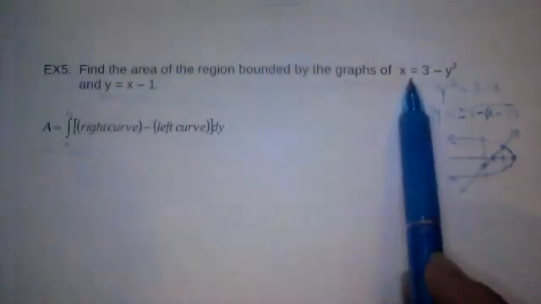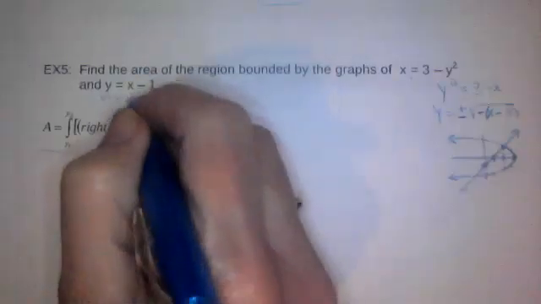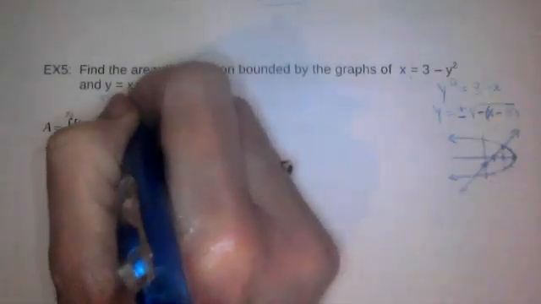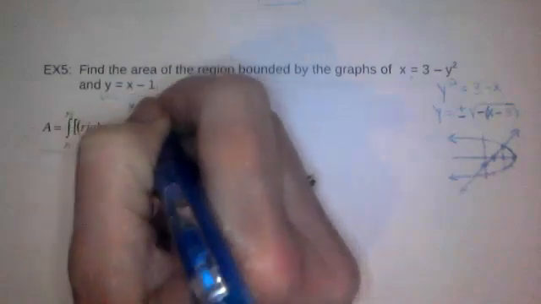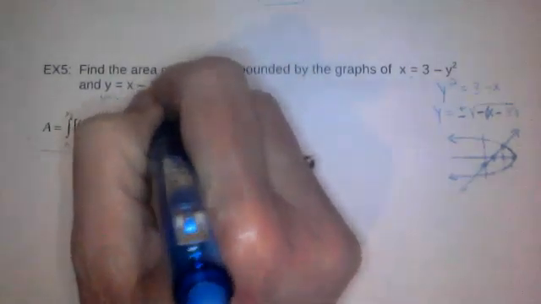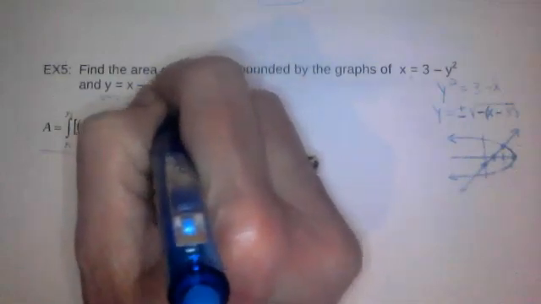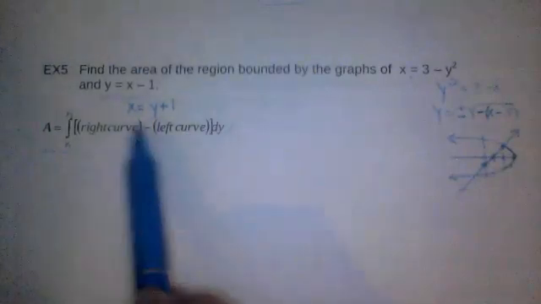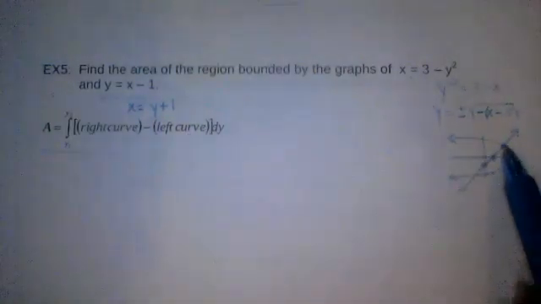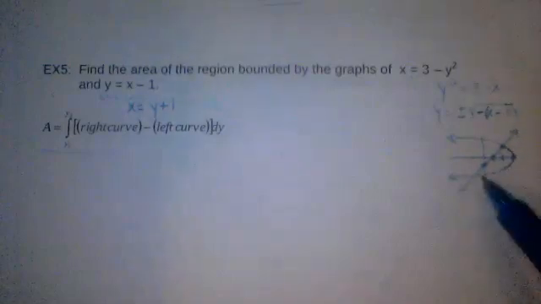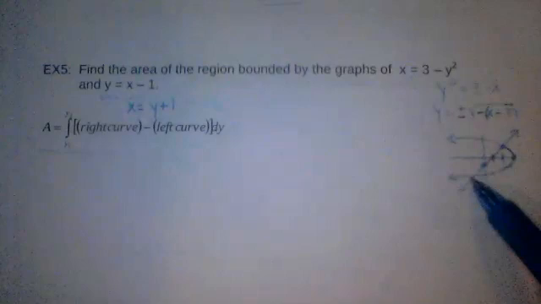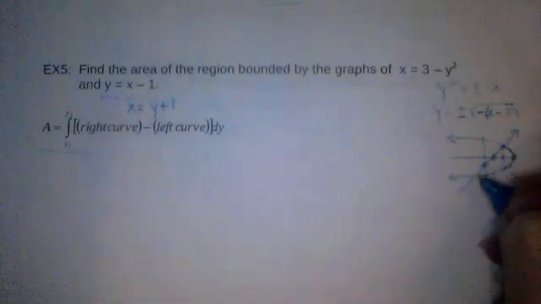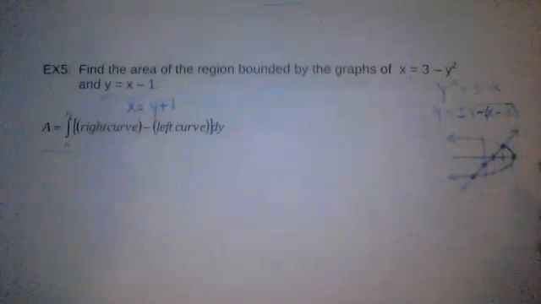If we have two x equals functions, which I could make this easily, x equals y plus 1, then I could go from right to left, right being positive, left being the negative, so our furthermost to the right minus left, right minus left. And instead of going from x to x, go from the y value to the y value.